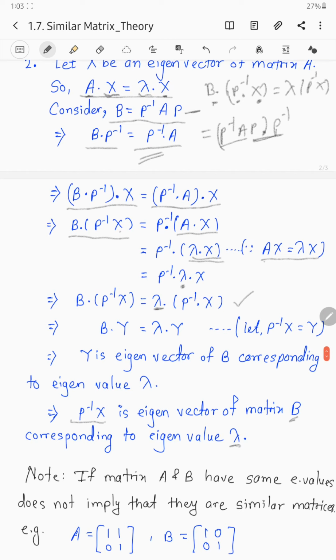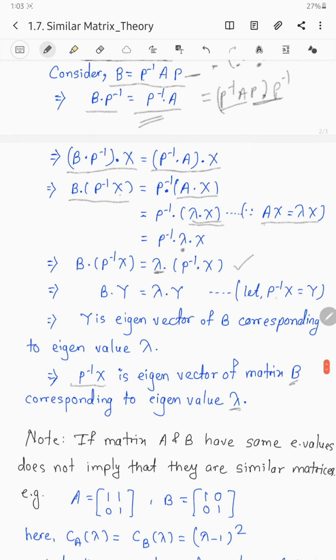Now look at the claim. My claim is the same here. Let P inverse x be y. So I have B into y equal to lambda into y. This is the same notation as Ax equal to lambda x, with y instead of x. Both matrices are similar, so they have the same eigenvalue but need not have the same eigenvector.